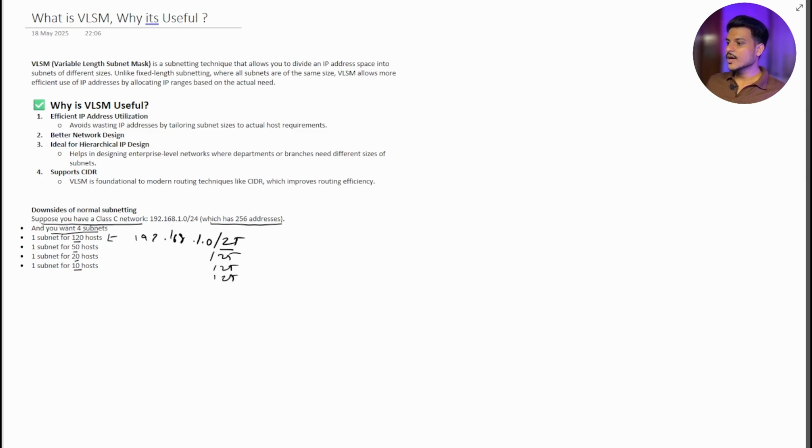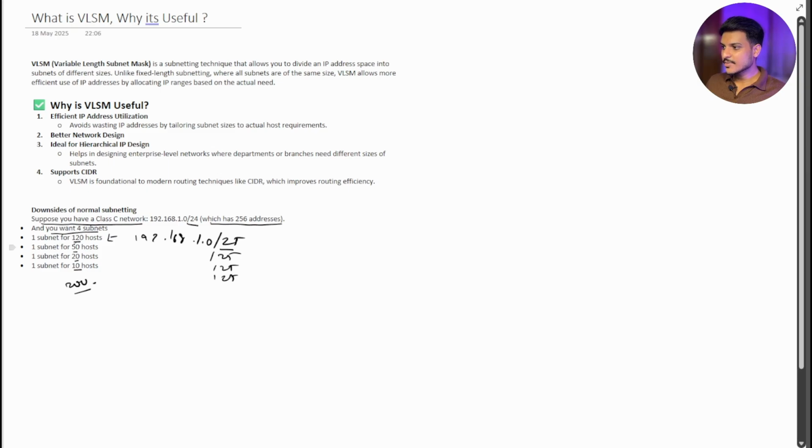But there are 256 hosts possible in class C, and if we add up 120 plus 50 plus 20 plus 10, the total is 200. So logically it is possible to create 200 different hosts using this class C IP address, but it will be the same CIDR for all.